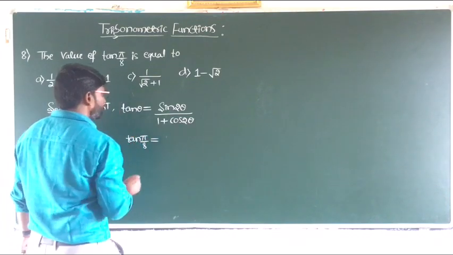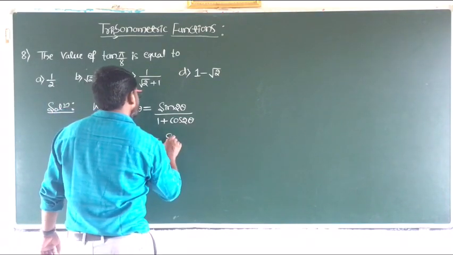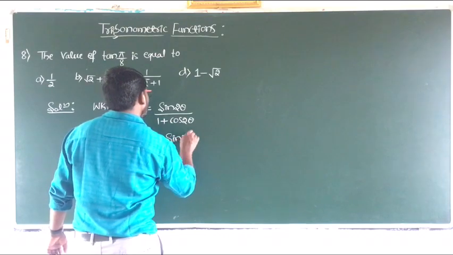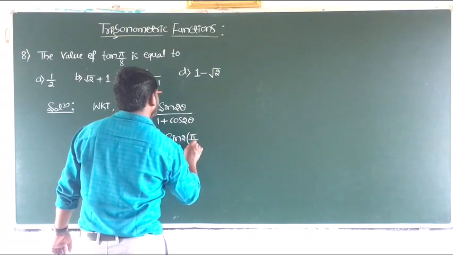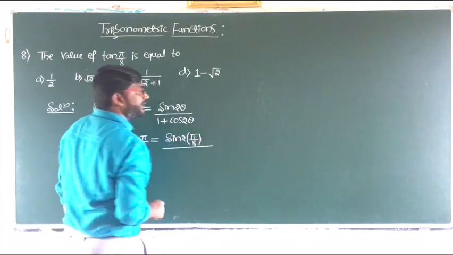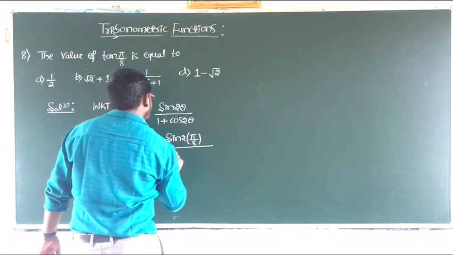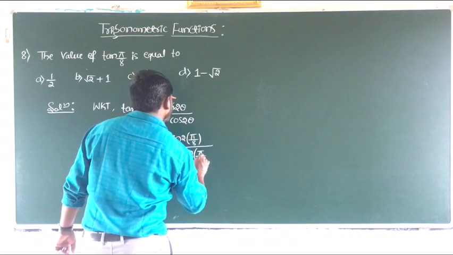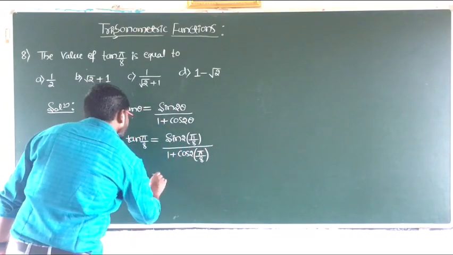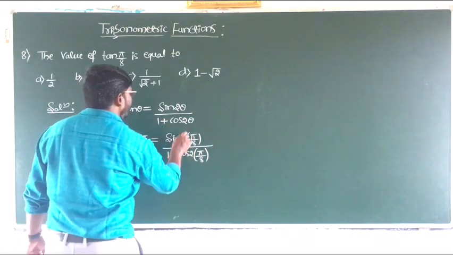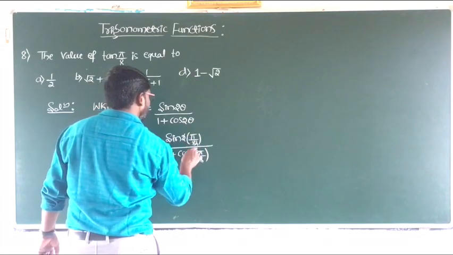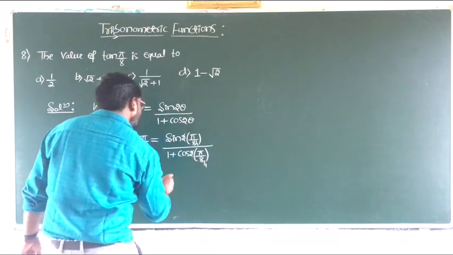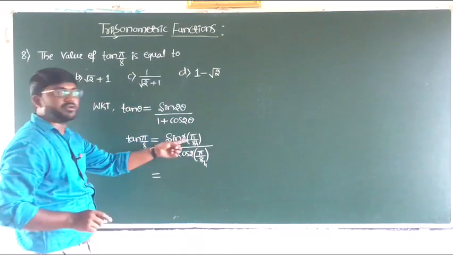which is equal to sin 2 into pi by 8, whole divided by 1 plus cos 2 into pi by 8. So now 2 ones are 2, 2 fours are 8, again 2 ones are 2, 2 fours are 8, so we get sin pi by 4. What is sin pi by 4?